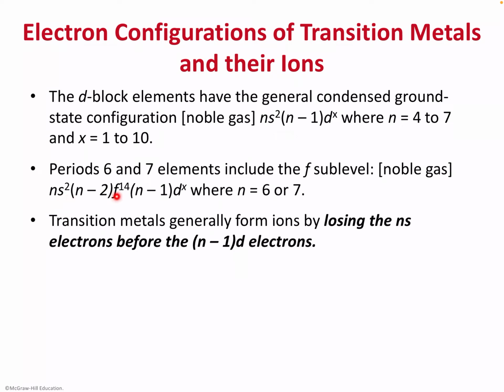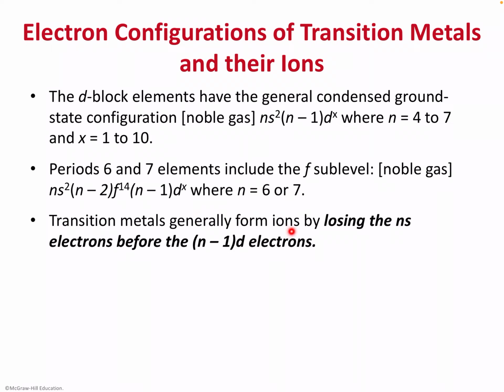And then for the f block, it's going to be n minus 2. If n is 6, for the s, 6s2, and then the f would be n minus 2, 6 minus 2, 4. 4f14 and n minus 1. If n is 6, 6 minus 1 is 5, 5dx. So n could be 6 or 7.